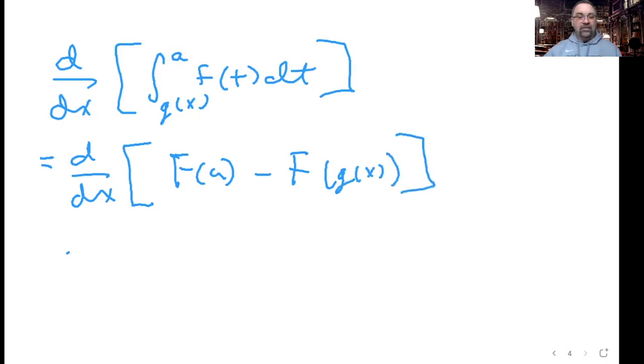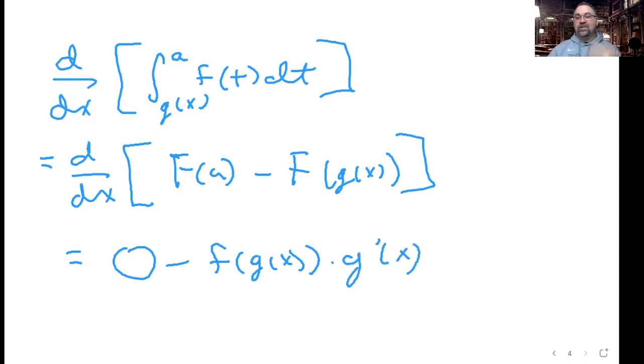And then we derive that, and of course we get 0 minus little f of g of x times g prime of x. Of course, chain rule. So definitely want to be paying attention to where the function is.